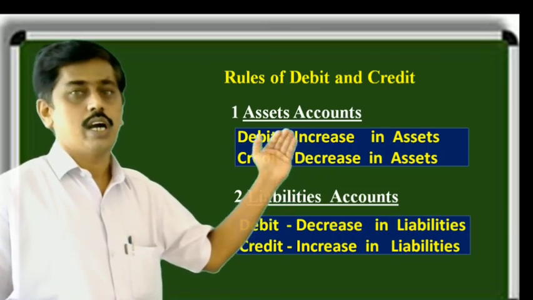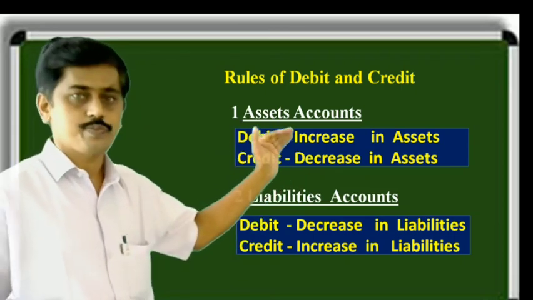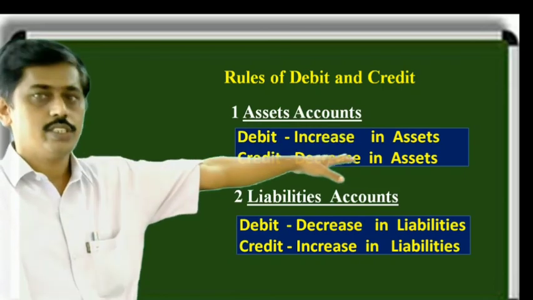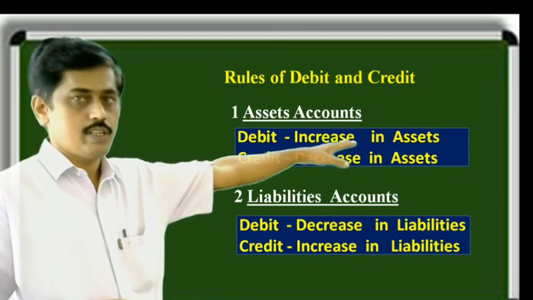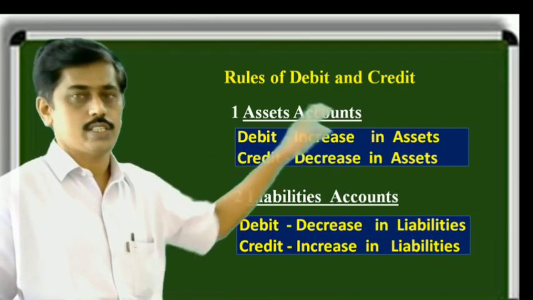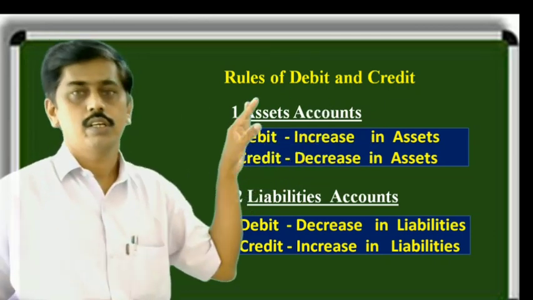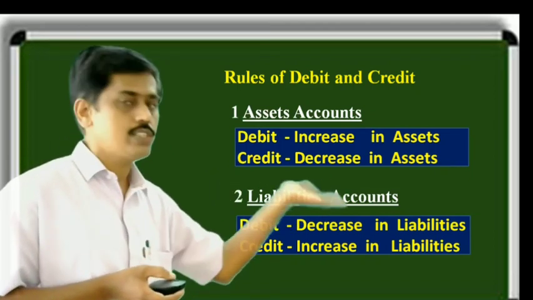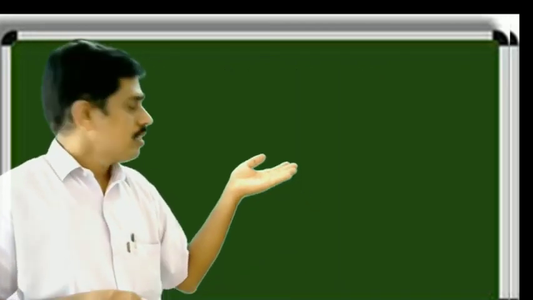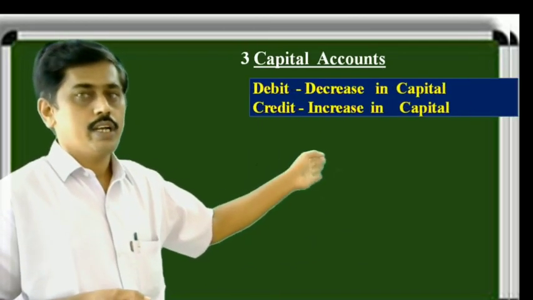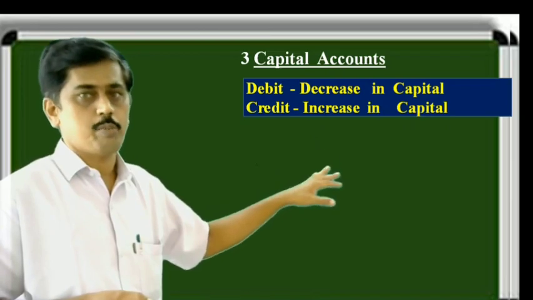That is assets account. What is the rule? Debit increase in assets; credit decrease in assets. Liabilities account: debit decrease in liabilities; credit increase in liabilities. And capital account: debit decrease in capital; credit increase in capital.